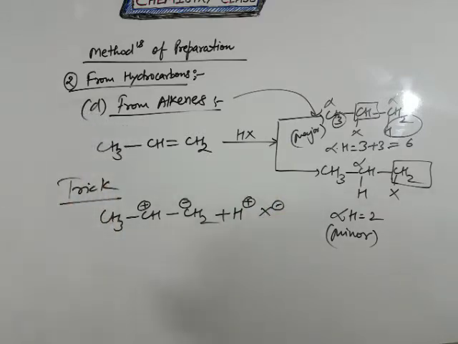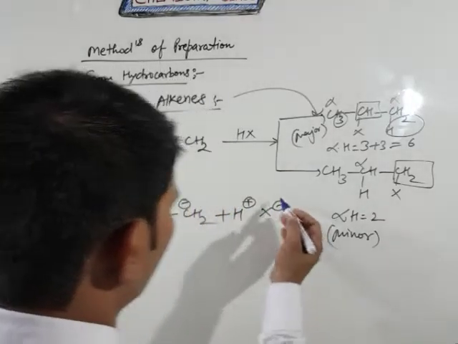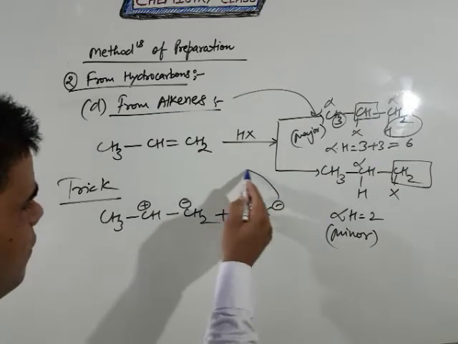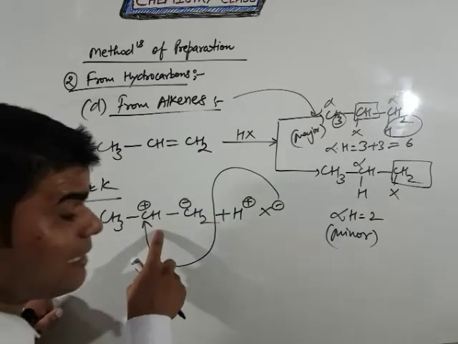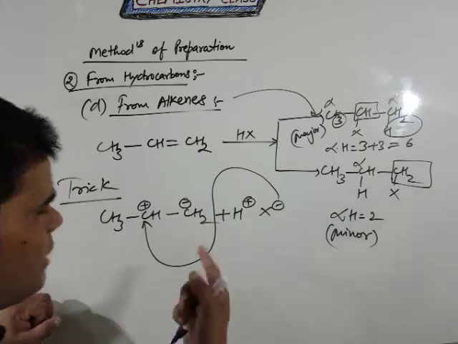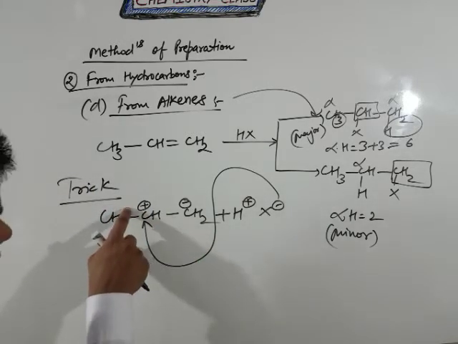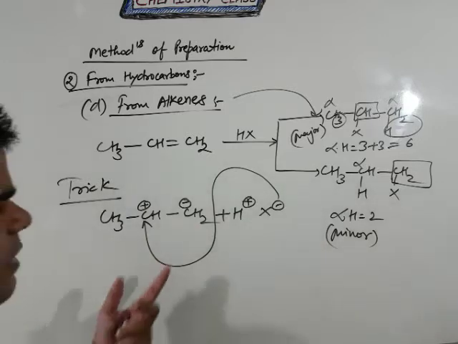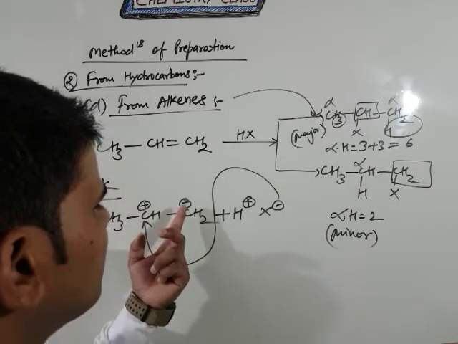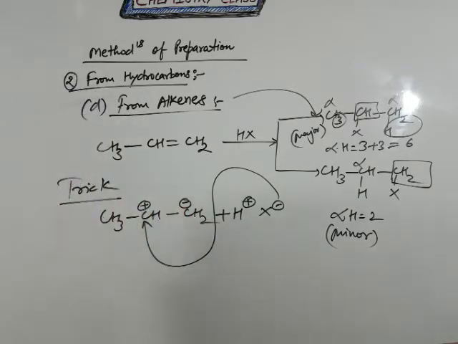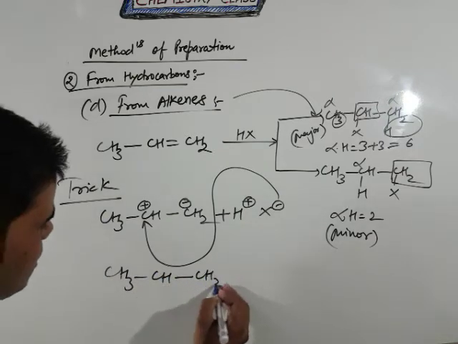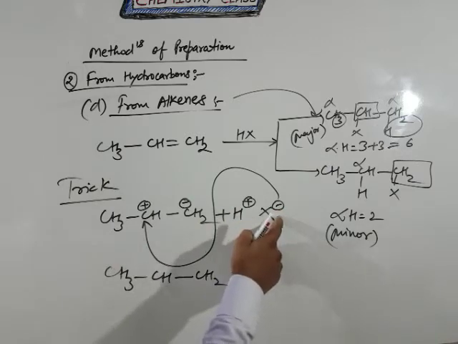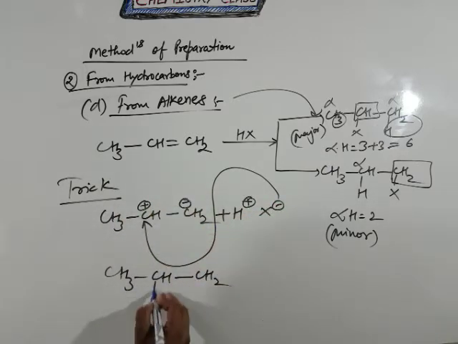So according to the Markovnikov rule, the nucleophile attacks the carbon atom having the fewer hydrogens. That's why we create a positive charge here, and the other carbon atom already becomes negative. So the product is CH3 single bond CH single bond CH2, and in this case plus and minus form a single bond.